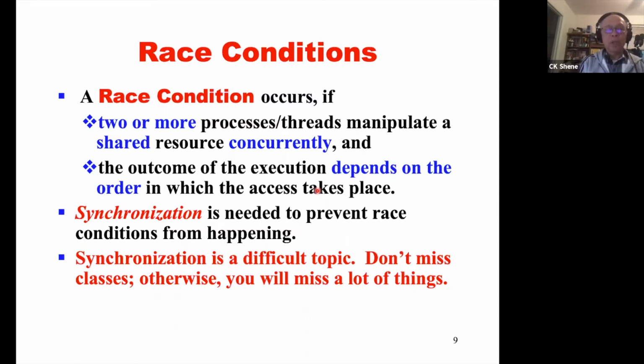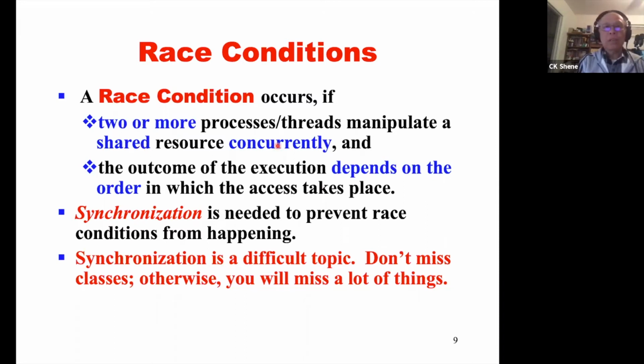So a race condition occurs, let me repeat, if two or more processes or threads manipulate a shared resource concurrently, that's our assumption, and the outcome of the execution depends on the order in which the access takes place. So two or more processes, first key point. Second, they share something.